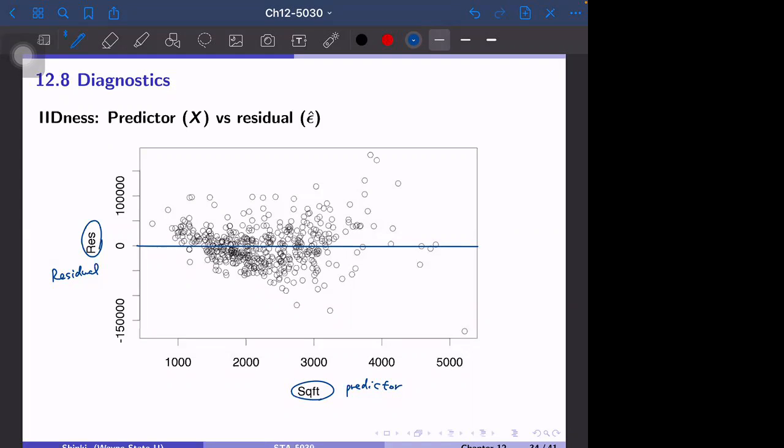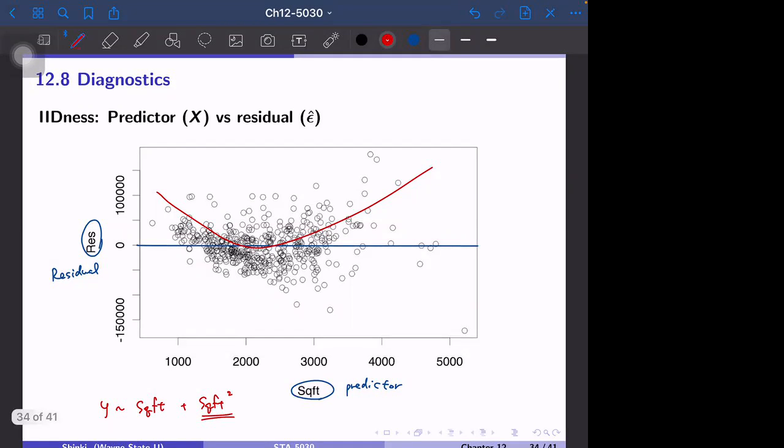In this case, probably we can say that we have some tendency like this. We fit Y on square footage for this case, but we have some curvature, so possibly the square footage squared may be a useful variable to explain why.